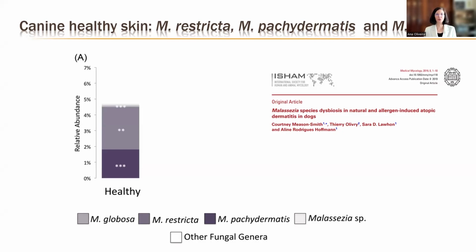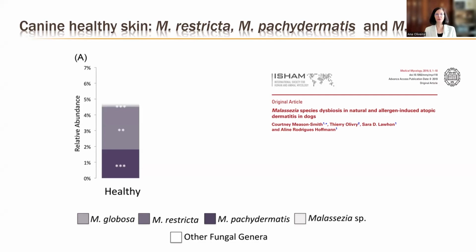Now, in our days, we have molecular technology, and molecular technology allows us to identify the species in a much more reliable way.